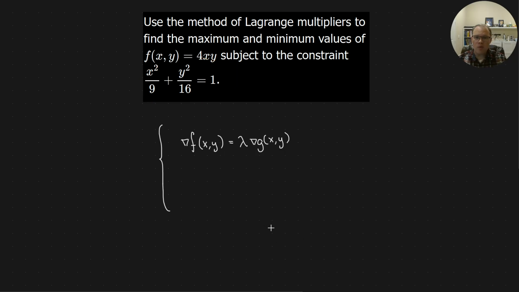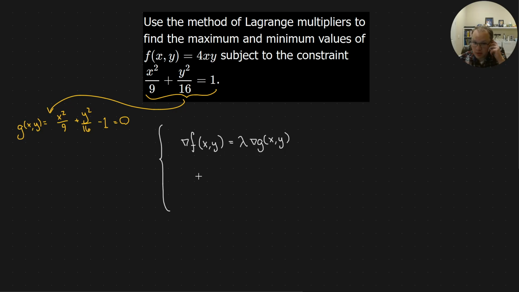Now what we want to do, traditionally, is set it equal to 0. So I'm going to take this and move it over here. Our constraint equation would be x squared over 9 plus y squared over 16, and I'll just subtract the 1 over, and we're interested in particular when that function is equal to 0.